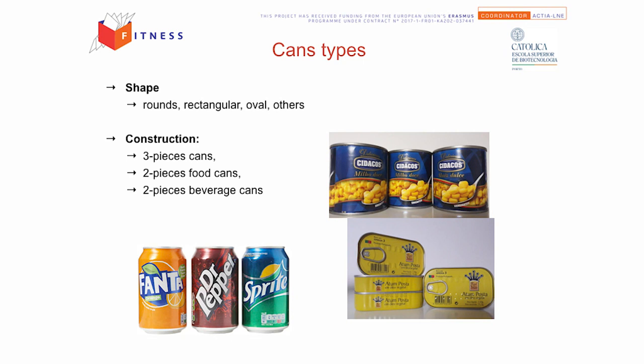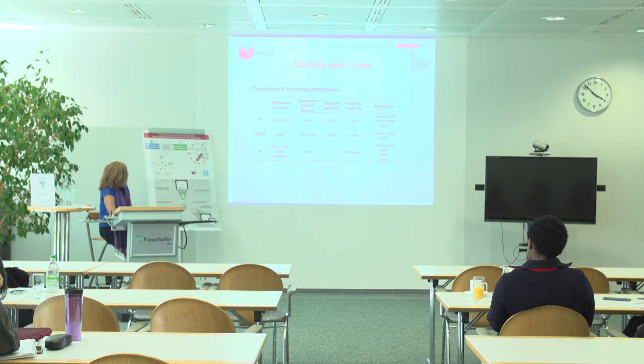Let's go again to the comparison. So there is here the welding capability as a criterion, and we see here that aluminum cannot be welded easily.